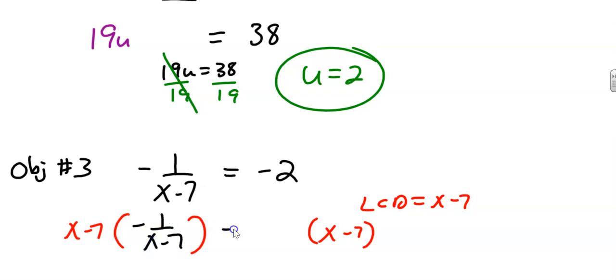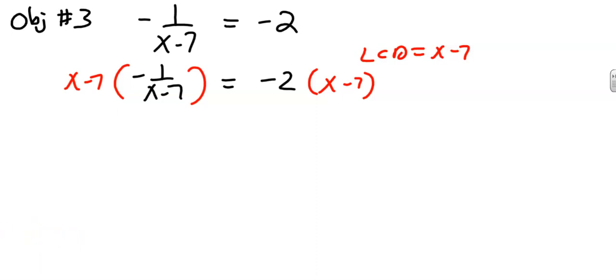Okay, same thing again, the x minus 7's cancel, leaves you with a negative 1. This one there was nothing to cancel, so we're just going to do distributive property with negative 2. Negative 2x plus 14.